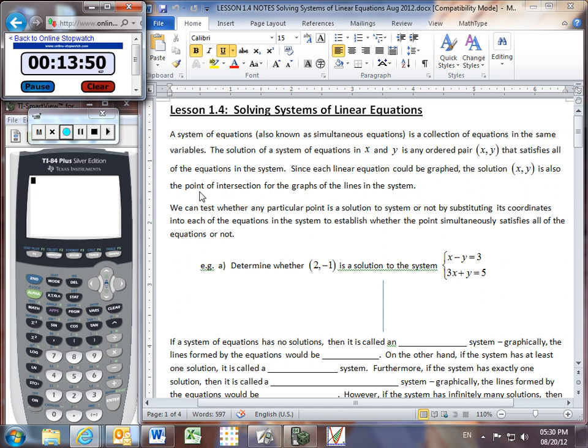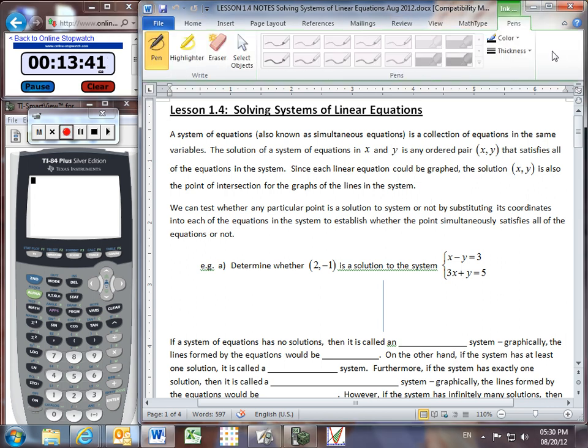And so let's have a look at this for a moment. So if I've got one line that looks like, say, this, and I've got another line that looks like this, then the place where they intersect is going to be the coordinate x, y, which will satisfy your first equation.